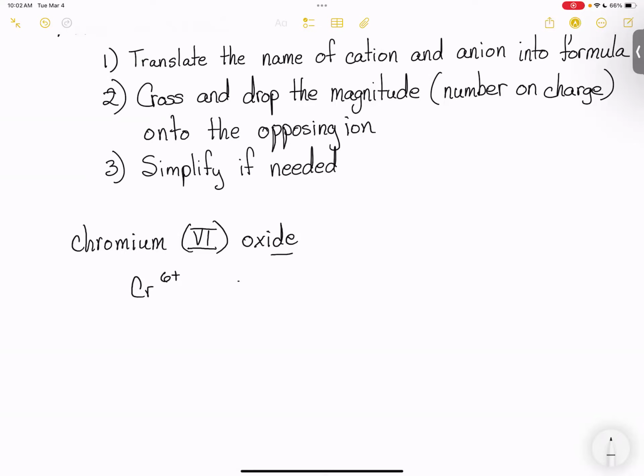It's the anion of oxygen. So we have translated the name. Now you're going to take the magnitude and cross and drop it on the opposing ion. So on our chromium, we're going to drop a 2. On our oxygen, we're going to drop a 6.